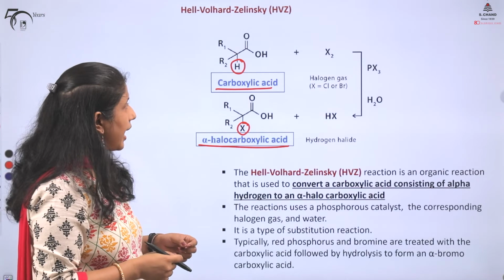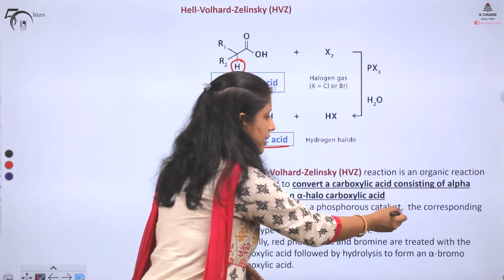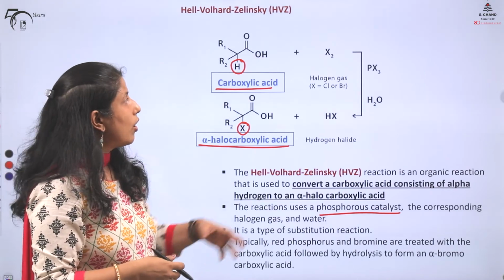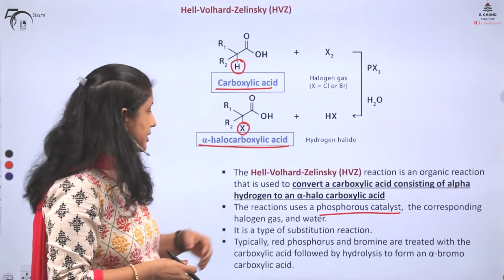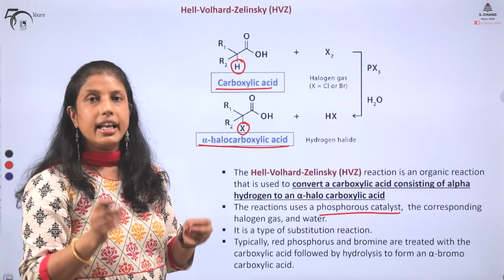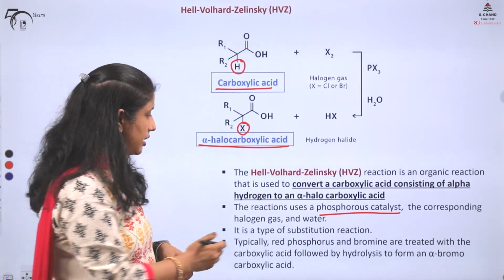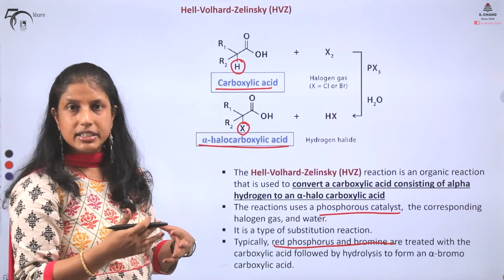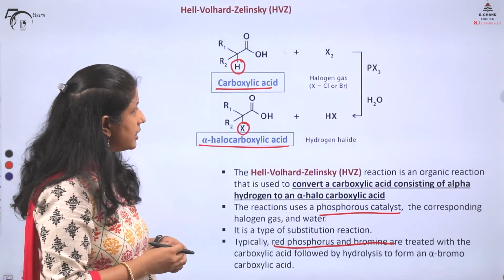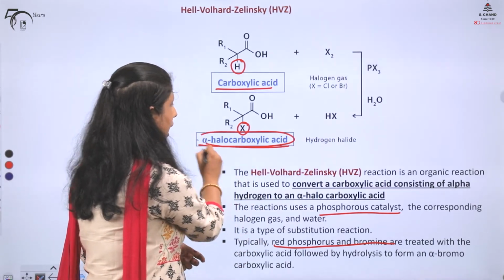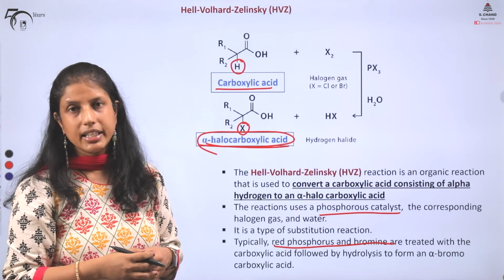This reaction occurs in the presence of phosphorus as our catalyst along with our halogen gas and finally hydrolysis with water. In a typical reaction condition, the red phosphorus and bromine are treated with the carboxylic acid followed by hydrolysis to give us our alpha halocarboxylic acids.